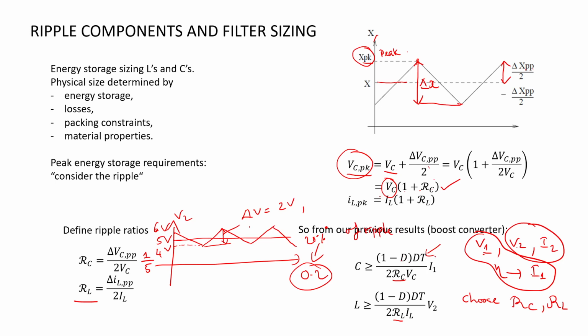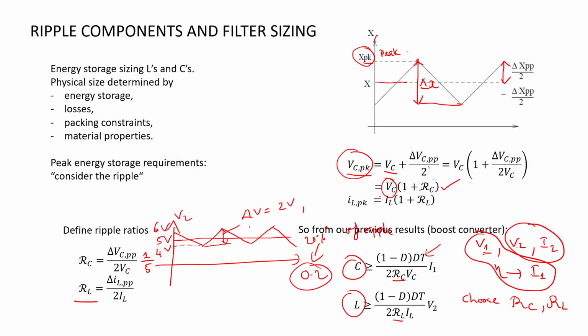For period T, you choose the frequency of the pulse width modulation. Let's say 1 kilohertz. 1 kilohertz means it generates 1,000 pulses per second, so one pulse takes just 1 millisecond. So T is 1 millisecond in this case. Through this process, you can calculate C, and also L. This is how you choose filter size.